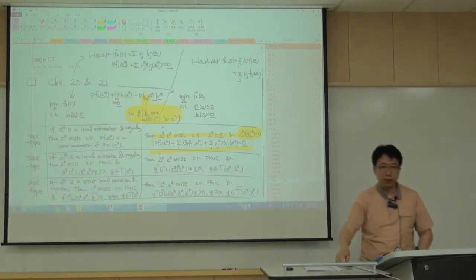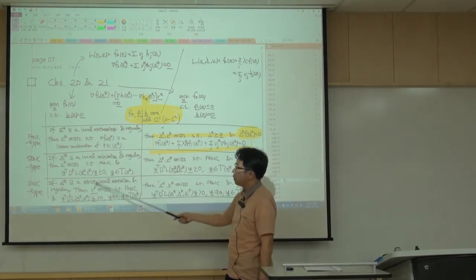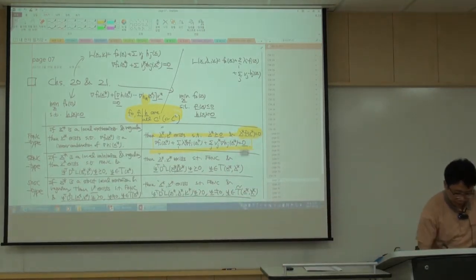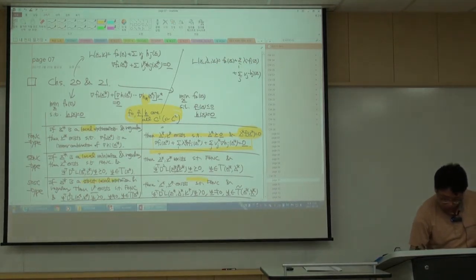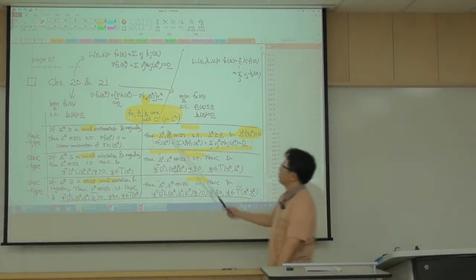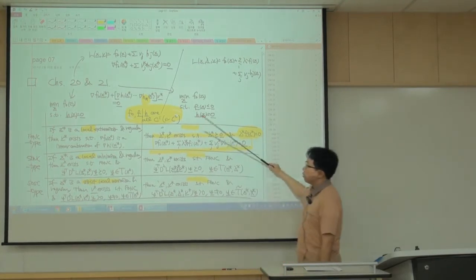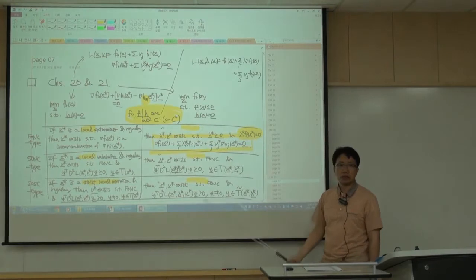But here, this is different. They are all talking about local properties. Got it? So this is the difference. So suppose you are given some optimization problem like this, and you find x star, lambda star, nu star satisfying this condition.